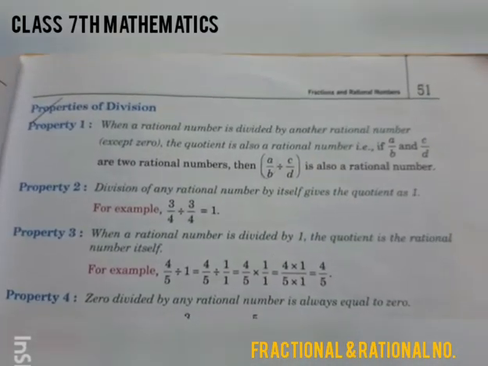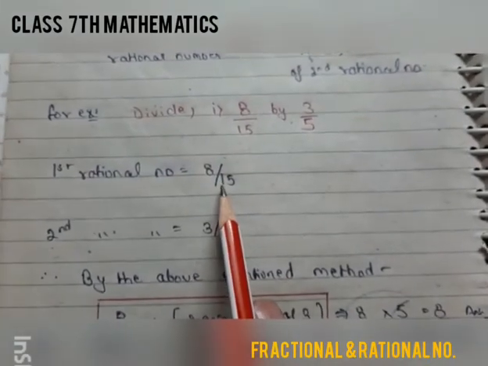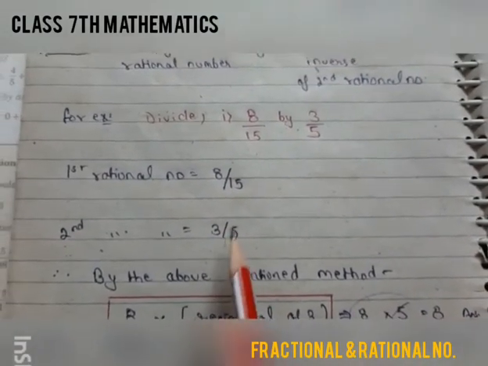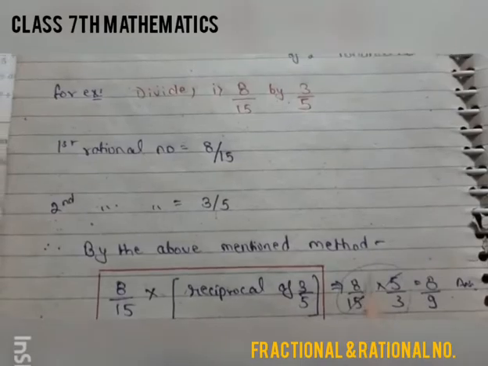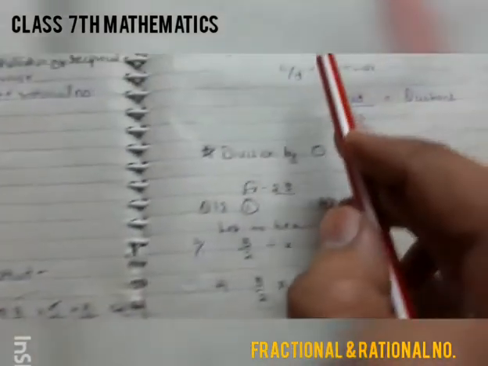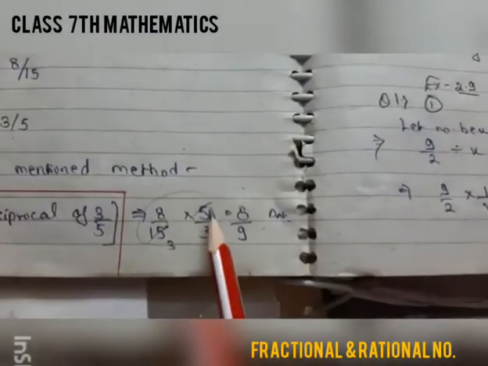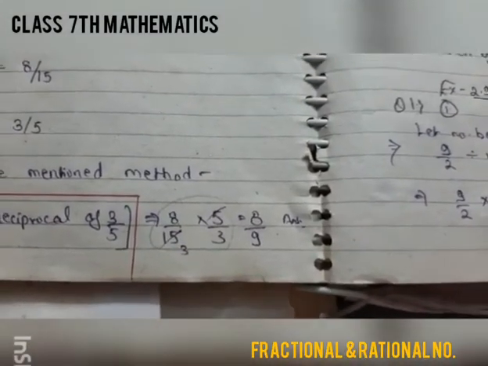This is 100% right. If we look at this example, this was the first rational number and this was the second. When these both are divided, in the format of dividend, divisor and quotient, the quotient is also a rational number.